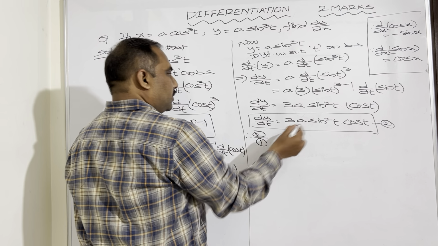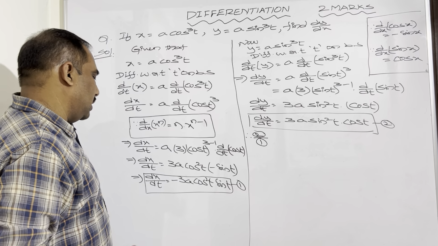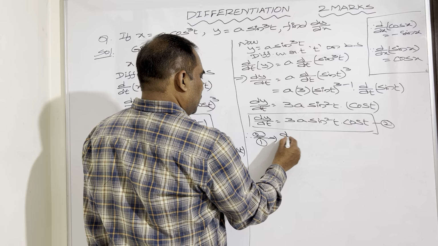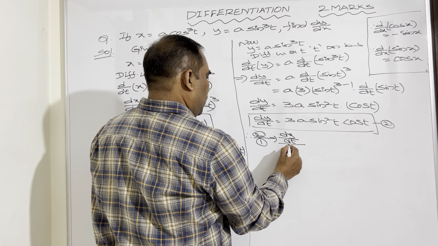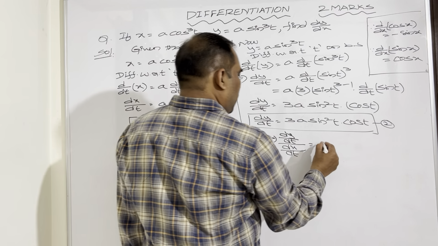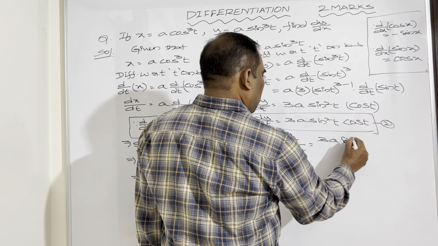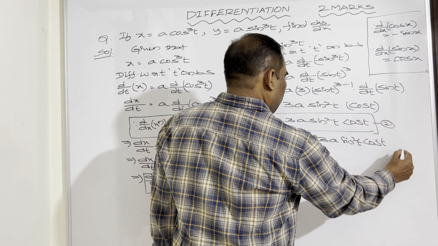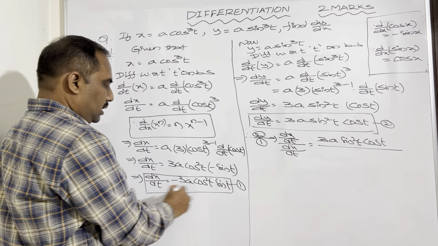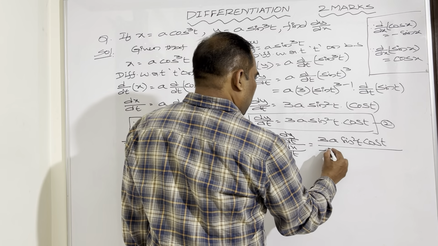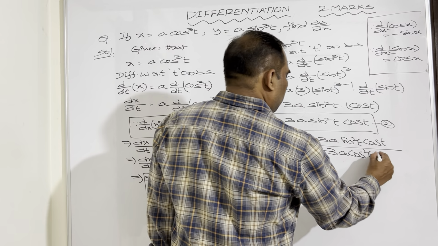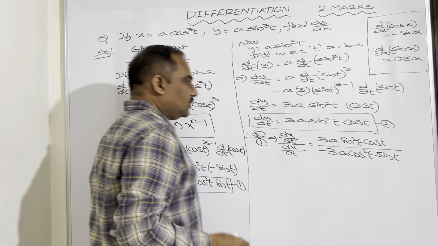So dividing condition 2, that is dy by dt, by condition 1, dx by dt, we get dy by dx is equal to dy by dt by dx by dt. dy by dt we have 3a sin square t into cos t, whole divided by dx by dt, which is minus 3a cos square t into sin t.